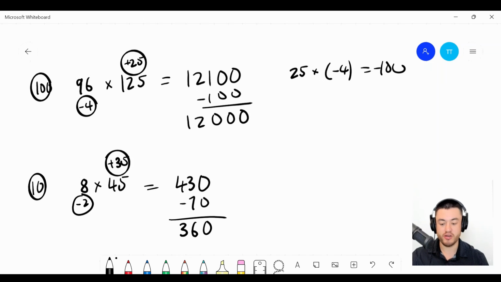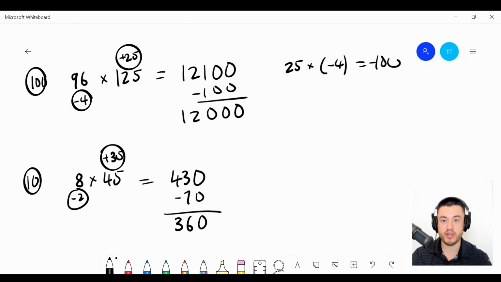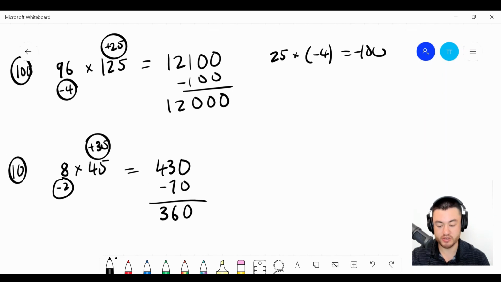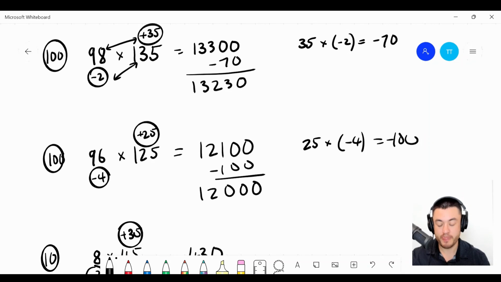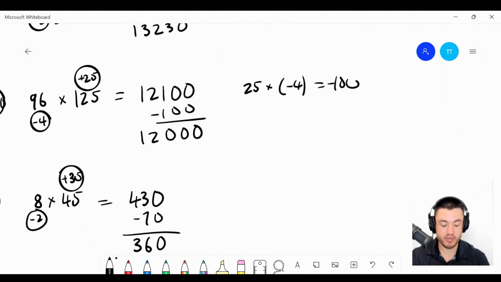All right, so that's the kind of new thing that you can add to your skill set. So now you're considering questions where you have a reference number and then you have two numbers above and below.